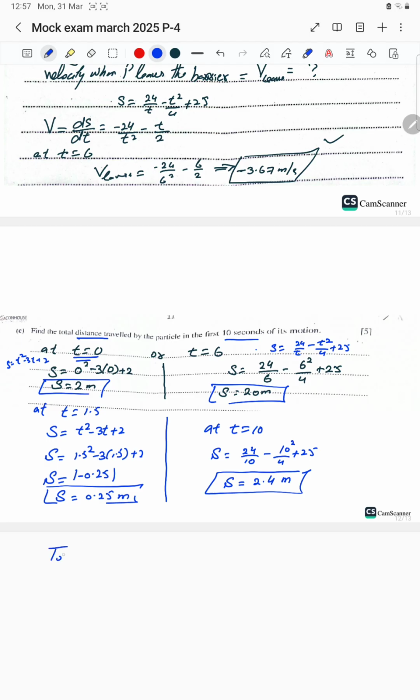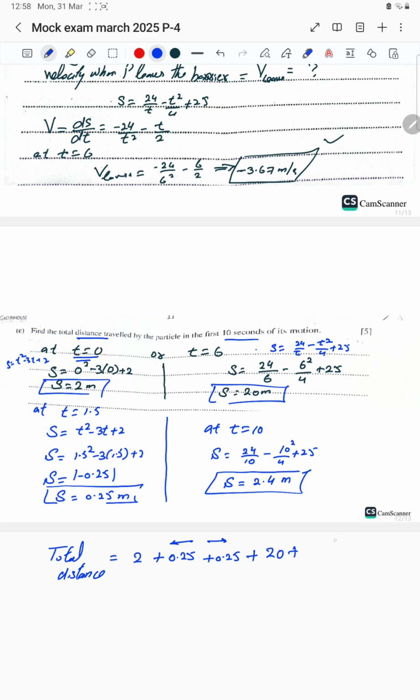So total distance we need to find. Total distance will be, first it was 2, then this is 0.25, and then it goes back 0.25, and plus 20.